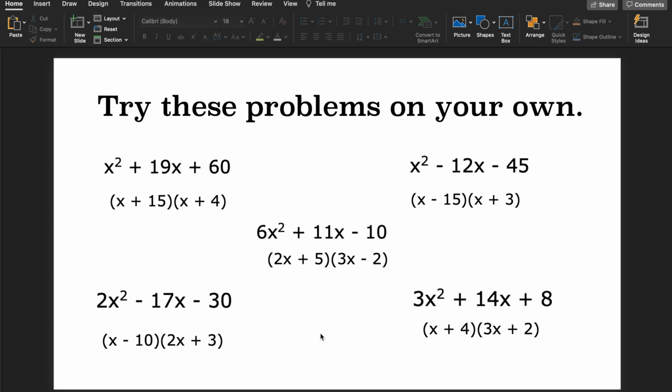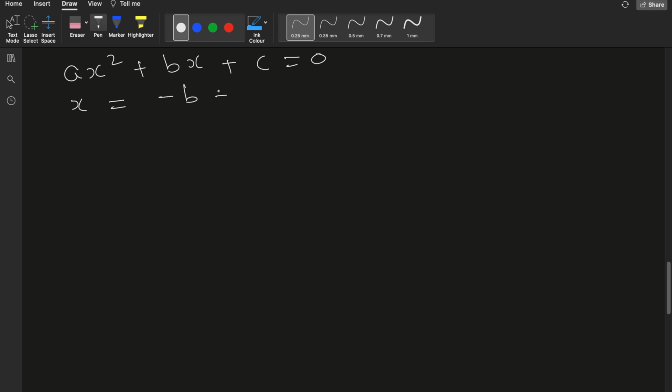The next part of the chapter is called nature of the roots. For this quadratic equation, ax squared plus bx plus c equals 0, the solution or the roots is minus b plus or minus square root of b squared minus 4ac, divided by 2a. So this is the solution.